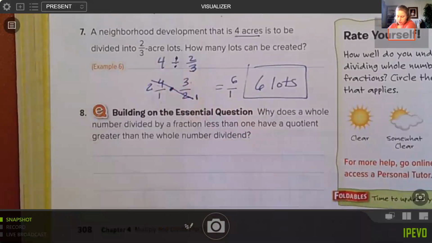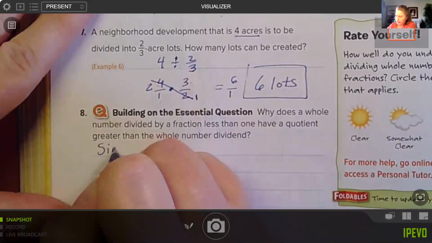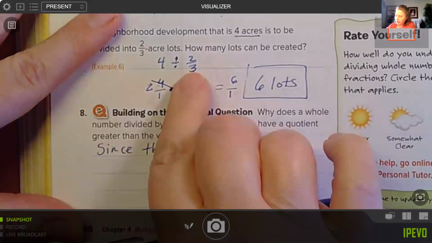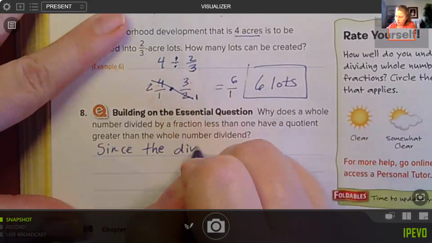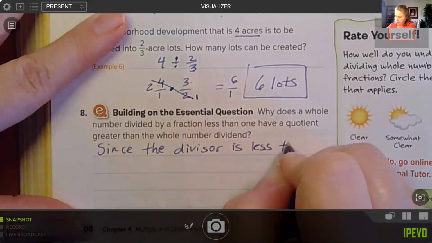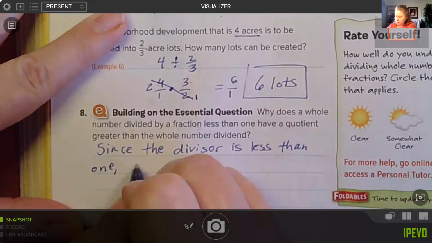Since the divisor, the number that we're dividing by, is less than 1, each part is less than 1 whole.